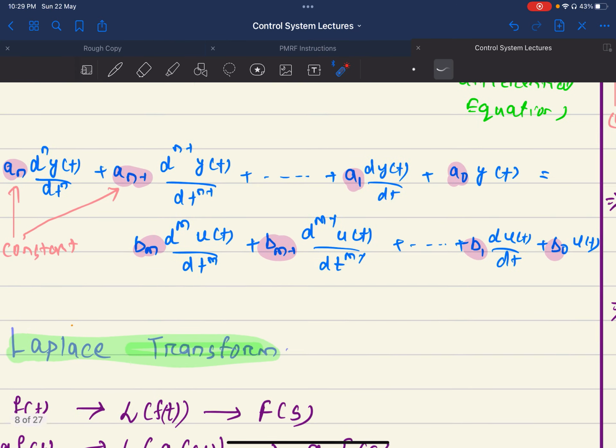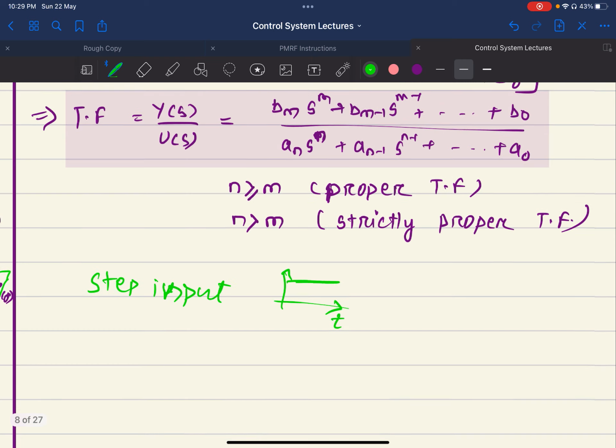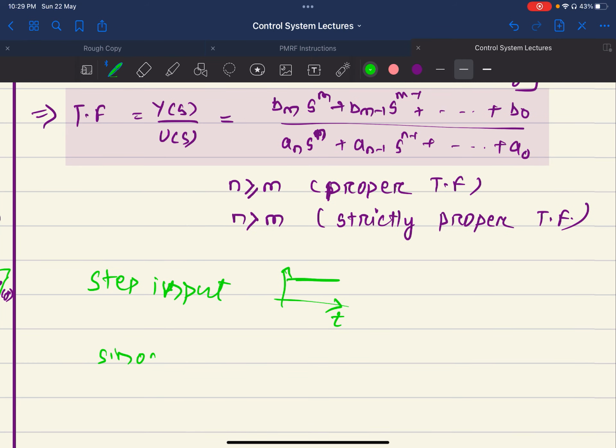The property we can say about the transfer function is that it relates the output to the input. And the beauty of it is that if you want to predict the response to a step input, which is simply like this in the time domain, or if I give a sinusoidal input, like this in t, how will my system behave?